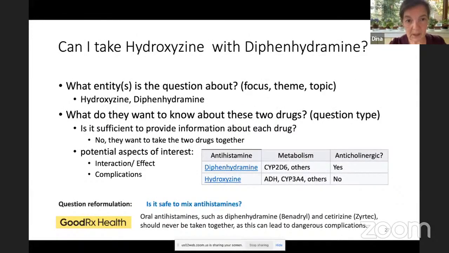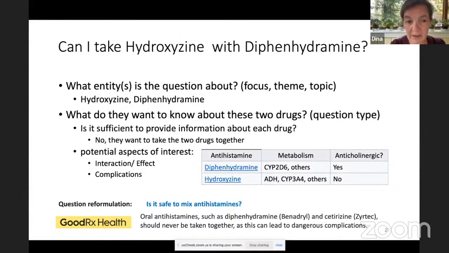Now, in some cases the system can just look for information about these two drugs and provide information about these two drugs, but it's not enough to know what the entities are in the question. It's also important to know what is the task at hand, what is the question type.